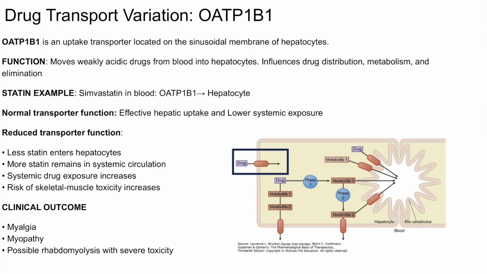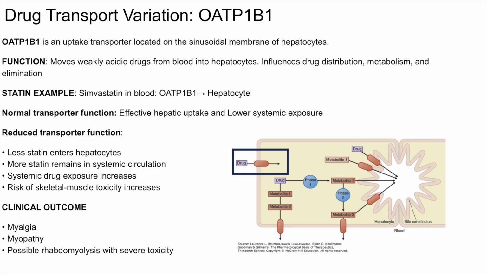So with normal transporter function, susceptible statins are efficiently taken into hepatocytes, where their therapeutic target is located, and systemic exposure remains lower. Reduced OATP1B1 function means less statin enters the liver and more remains in the systemic circulation.